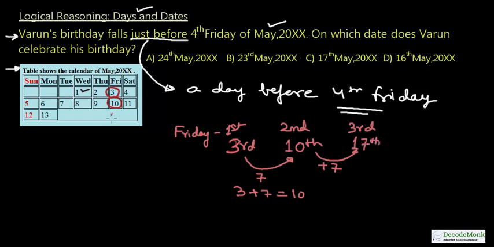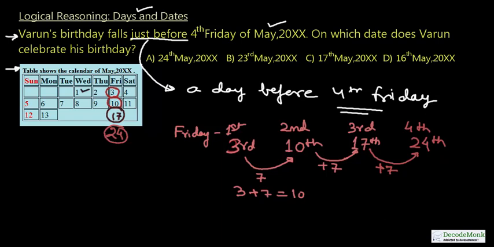So the third Friday falls on 17th of May, and then the 4th Friday will fall on 17 plus 7, which is 24th. So 24 is the 4th Friday.